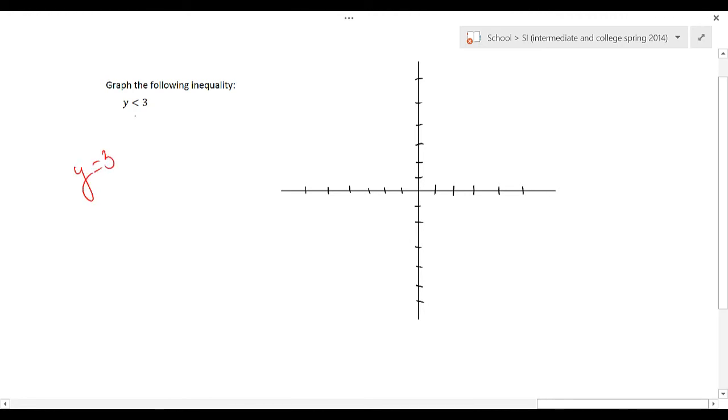We know that graph is something that looks like that, passing through the 3. But because this is y is less than, and there's no equal to sign, we're going to do a dotted line through.